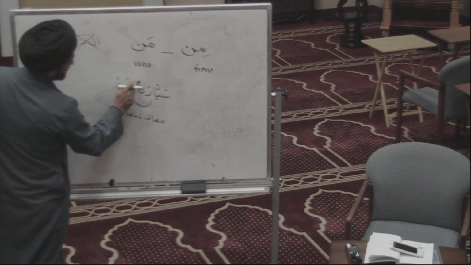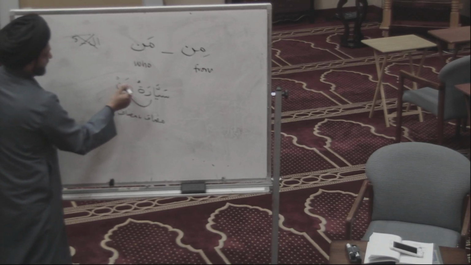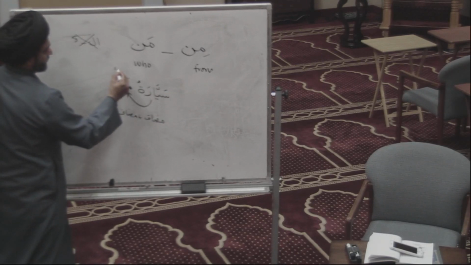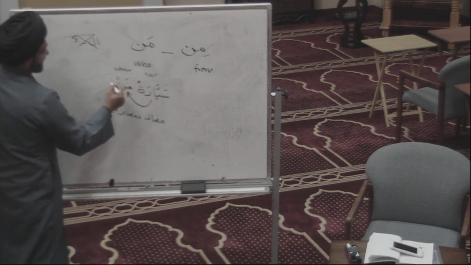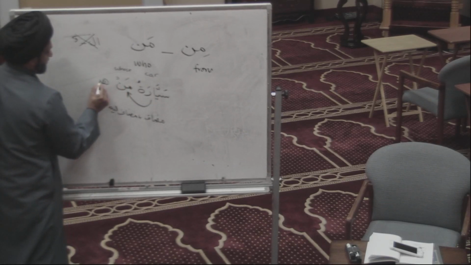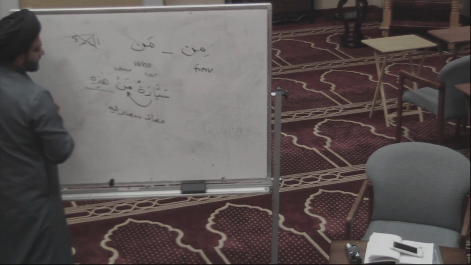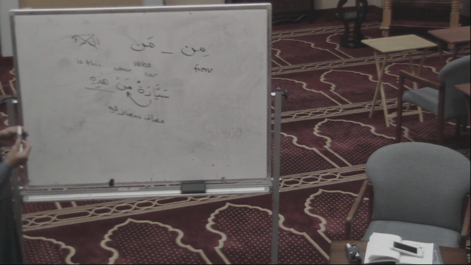So sayyaratu man makes sense. Whose car? Because sayyara is female, you're going to say hadhihi. So whose car is this? Instead of saying she, you're going to say this is. Whose car is this? Sayyaratu man.